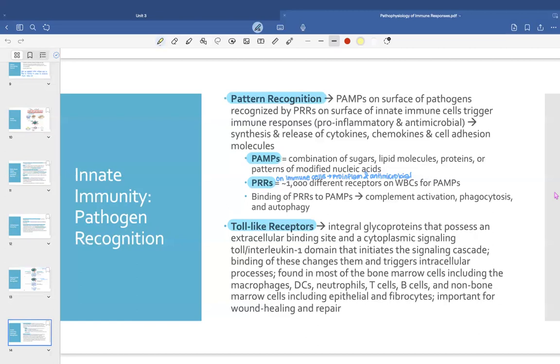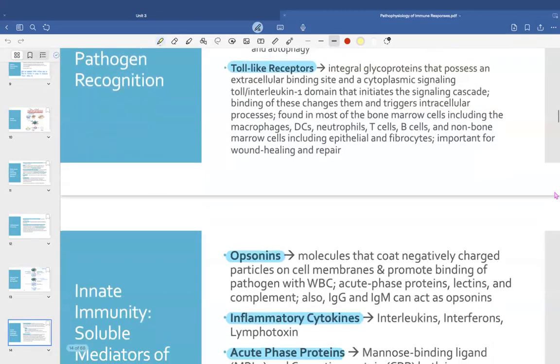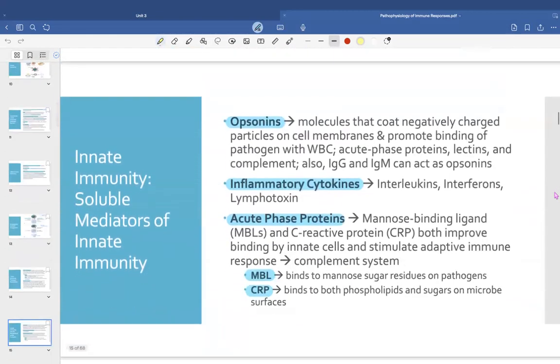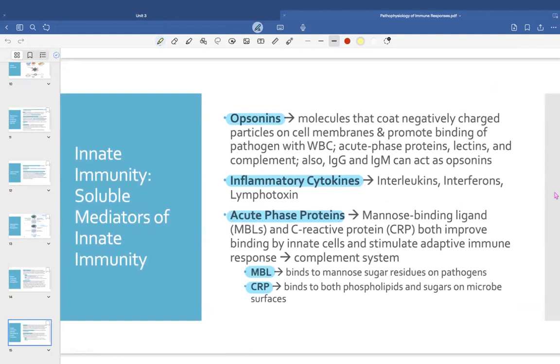Okay, and it includes things like some of your acute phase proteins, your lectin, complement, even IgG and IgM can act as opsonins. Okay, so you see that where IgG or IgM bind with an antigen, and then it marks that cell for deletion by another cell.